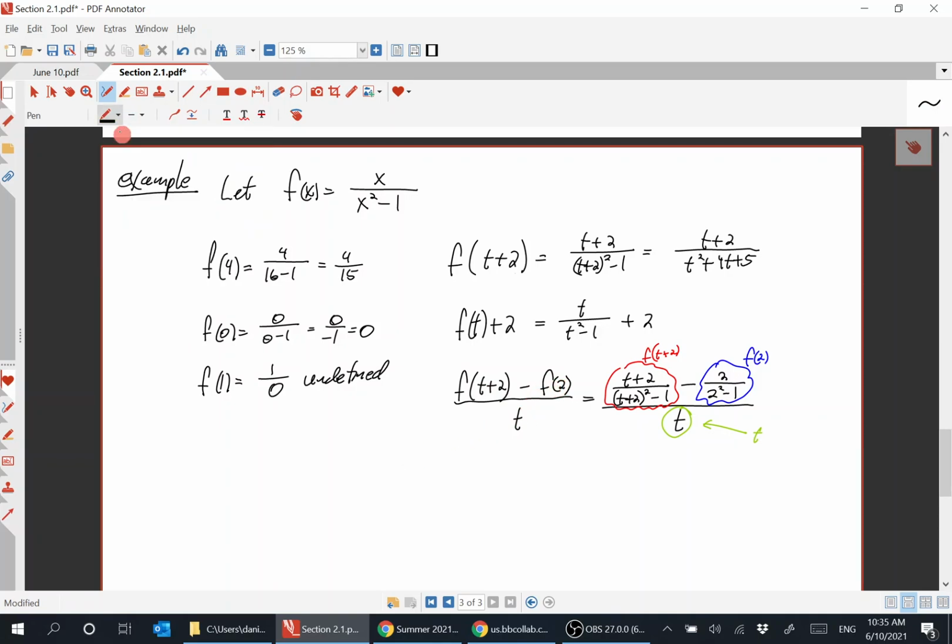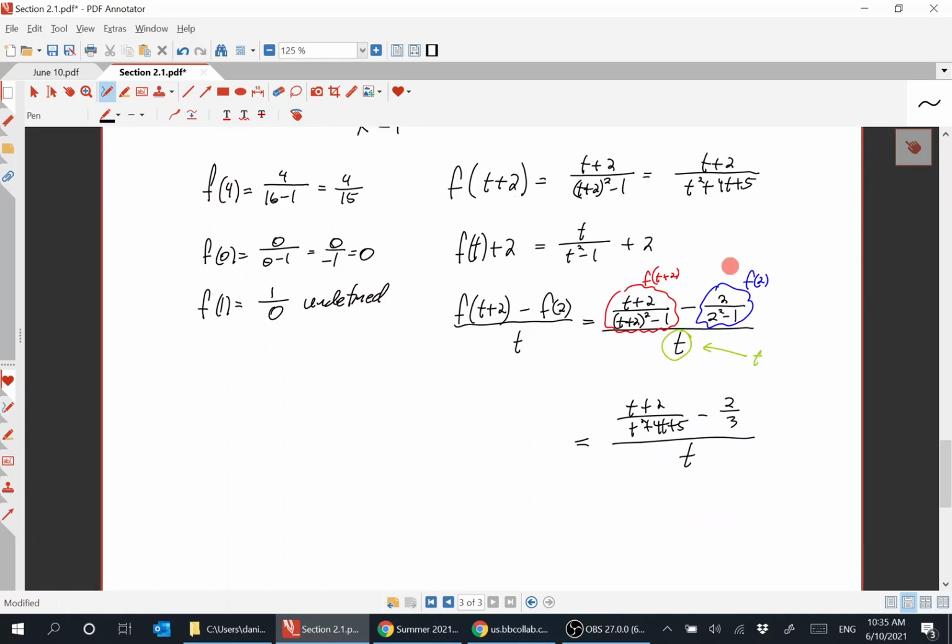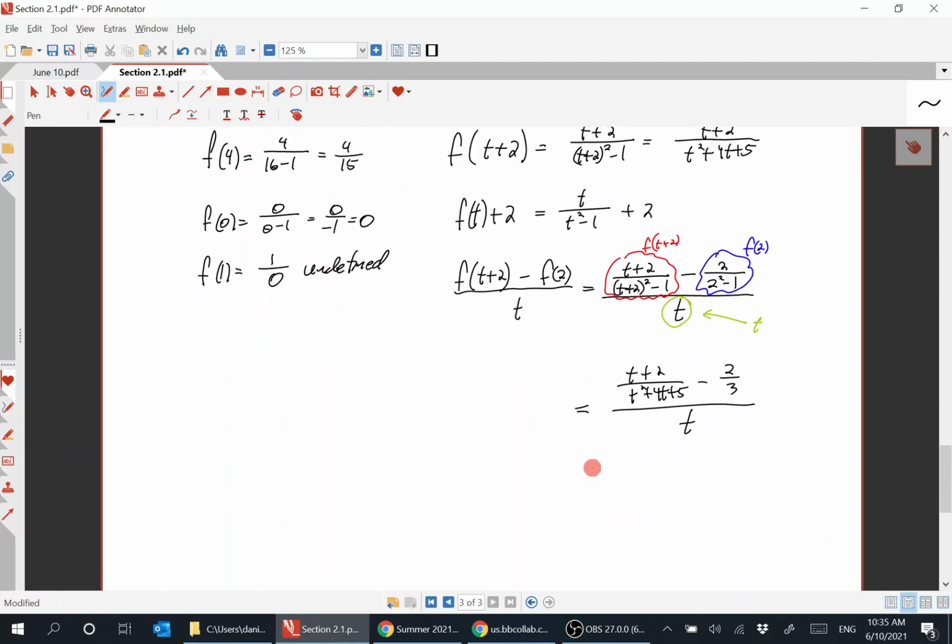And that could be simplified, if we wanted to simplify it, which usually we do. We already did this one. It's t plus 2 over t squared plus 4t plus 5. This one is 2/3, over t, and you could simplify further, but let's not do that now.